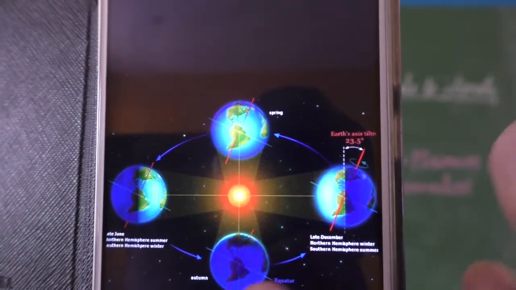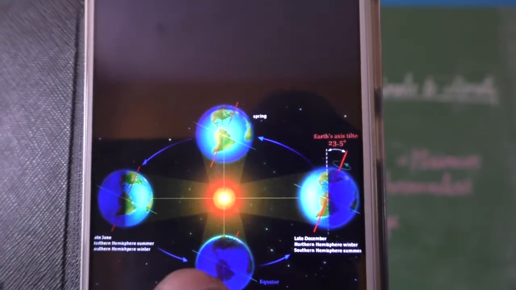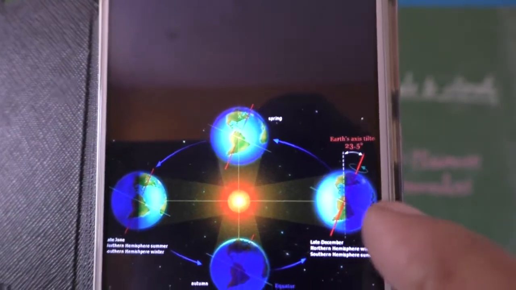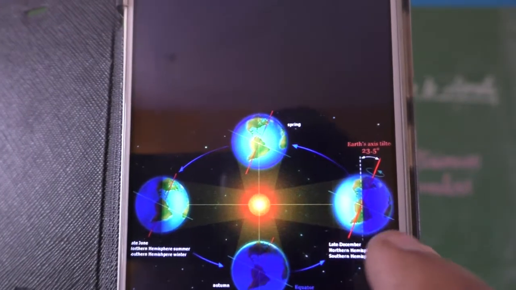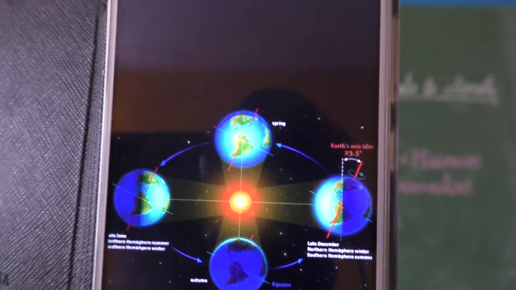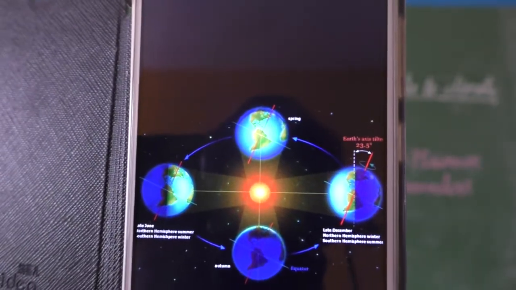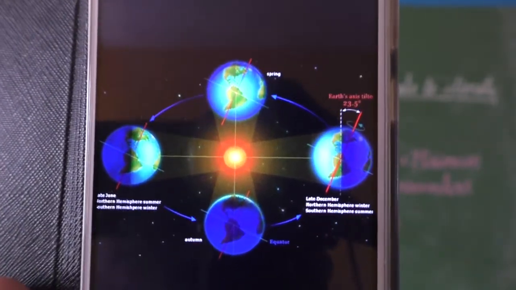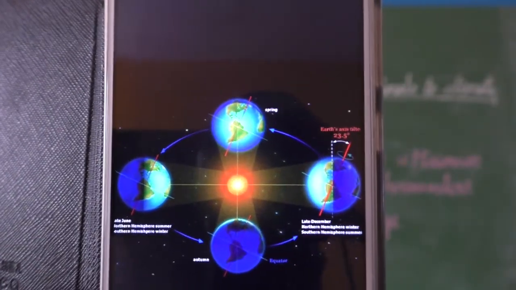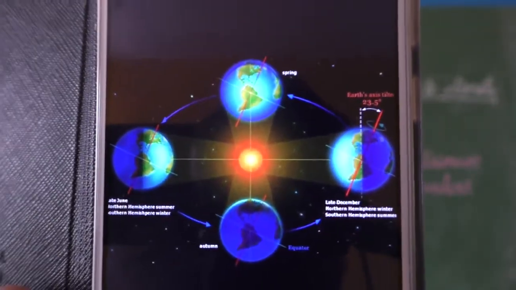Because the Earth revolves around the Sun. When it goes here, we receive summer. Every 3 months the climate changes. One full round is 1 year. Are you clear, children?